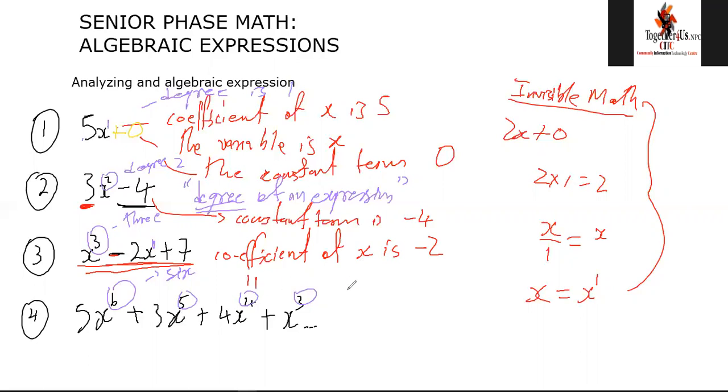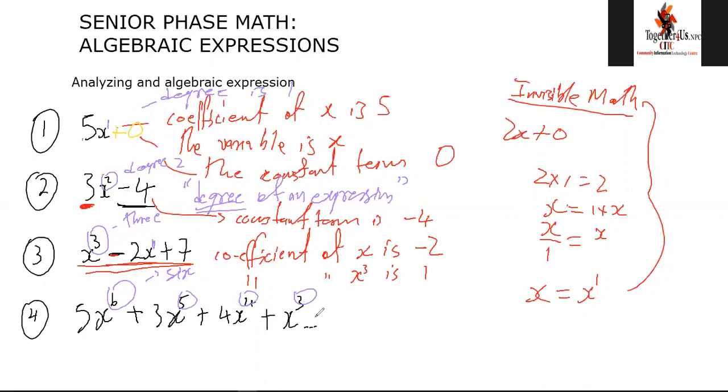But the coefficient of x cubed is what? 1. Yes, that is very important. Why do I say that? Because of the invisible math. Remember the invisible math, guys. If there is a number, remember that there is a 1 attached to that number. So the coefficient of x cubed there is actually 1.